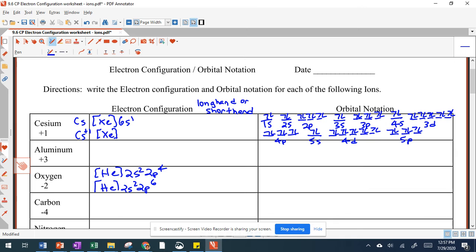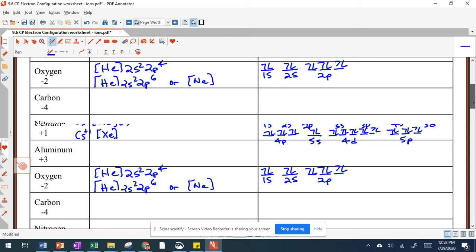And what you should notice is that is isoelectronic with neon. So you could also write neon. And the orbital notation for that one would be 1s, 2s, 2p, and that's it.